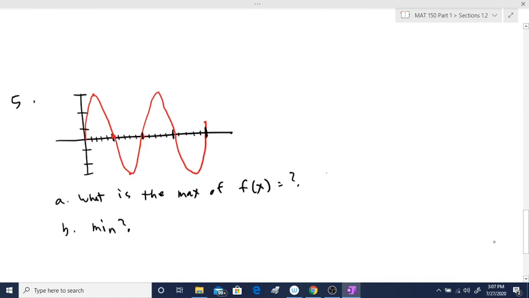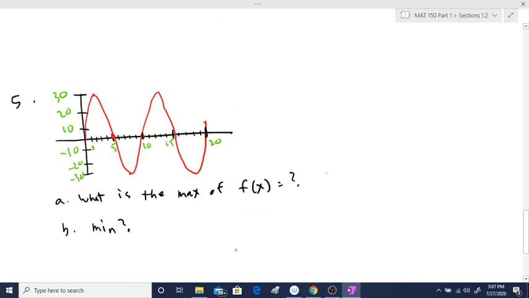Now my last one is, okay, what is the max of this? So now I'm going to just go ahead and put these in. This is 1. It starts at 1, 2, 3, 4, 5. Okay? 5, 10, 15, 20. And then I want to say this is going to be 10, 20, 30, negative 10, negative 20, negative 30.